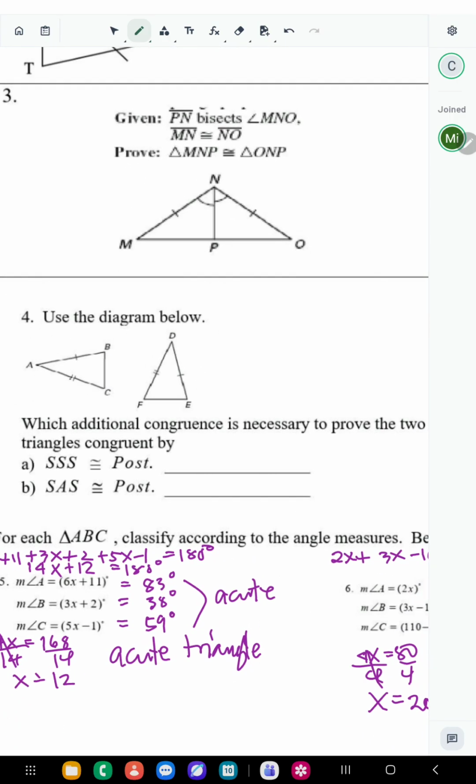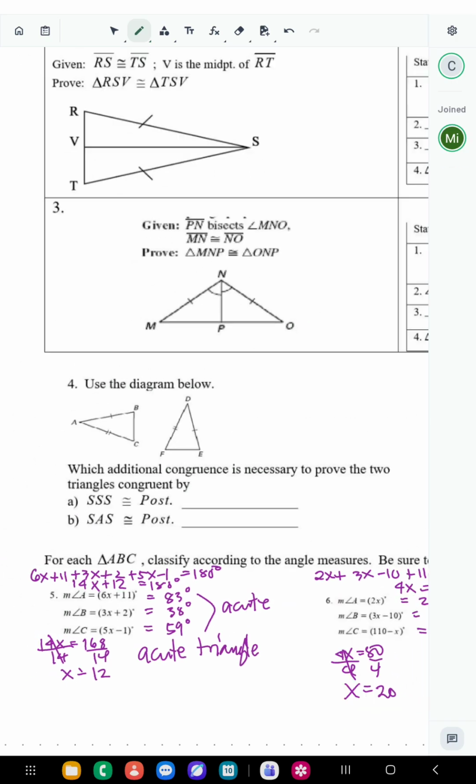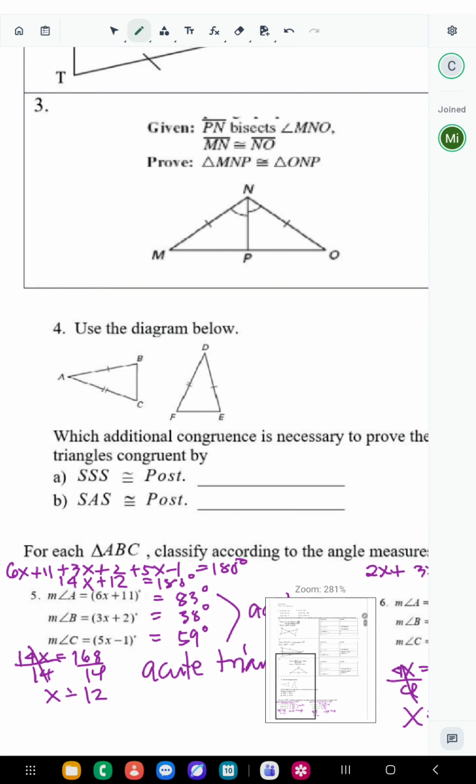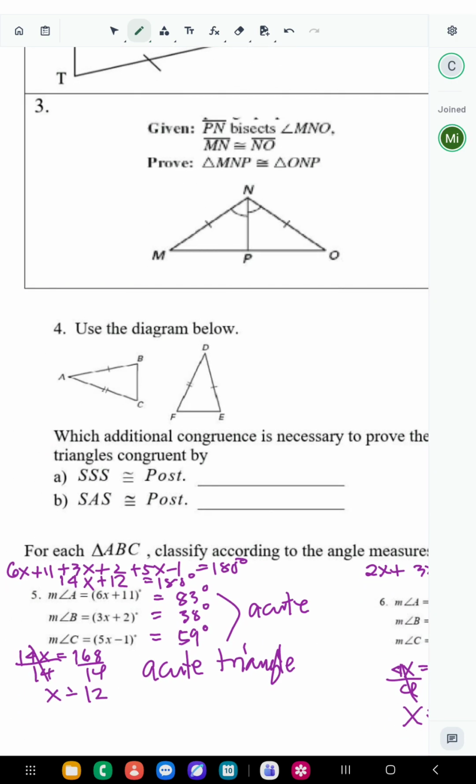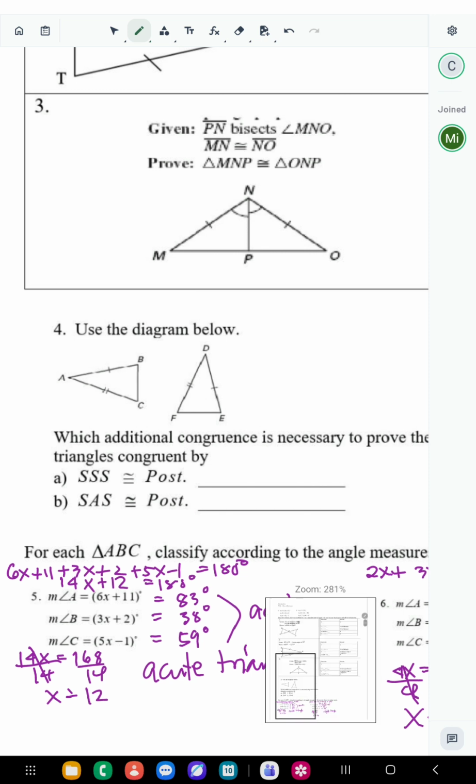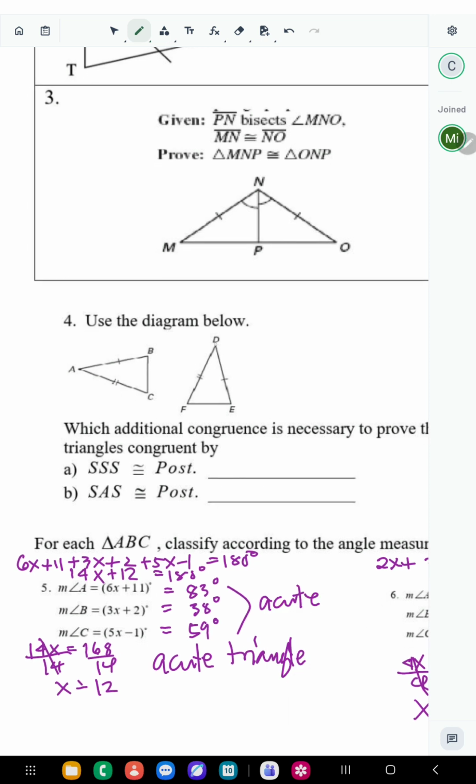Okay, number 4. Which additional congruence is necessary to prove that two triangles are congruent? It's given here that DE is congruent to AB, and DF is congruent to AC.